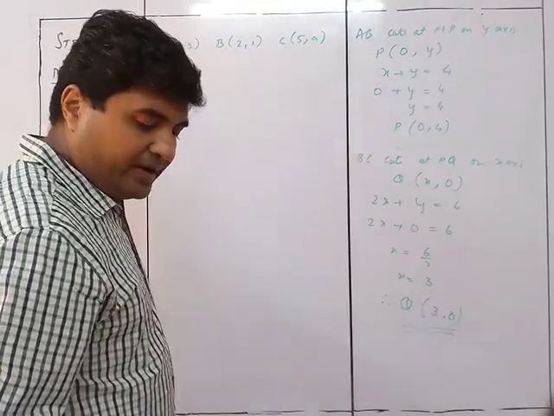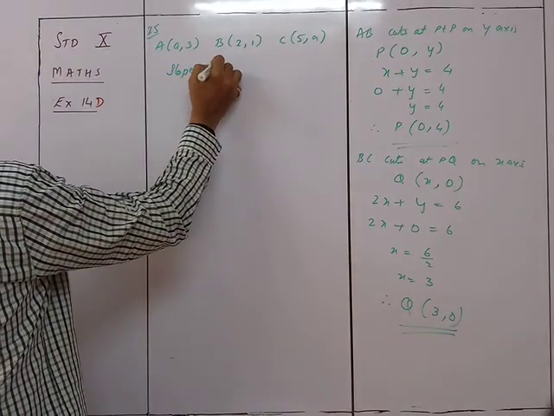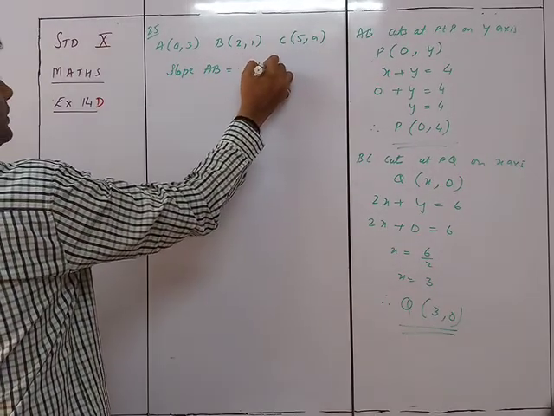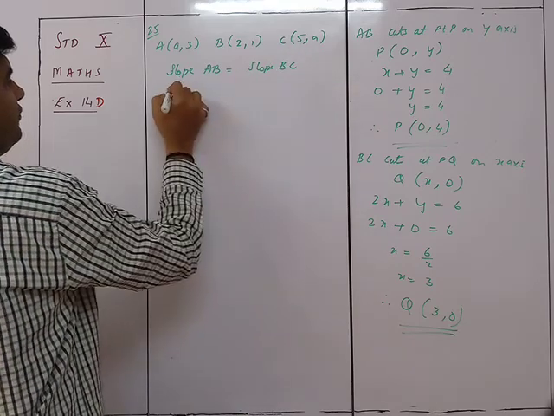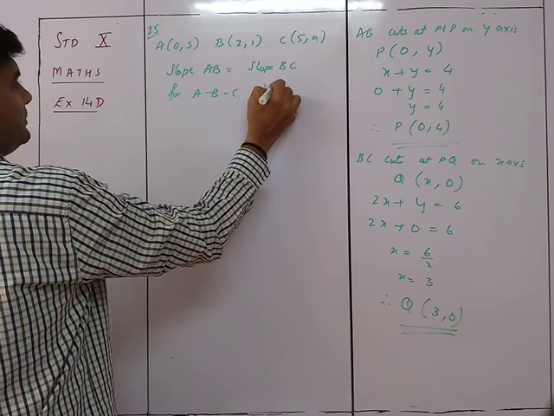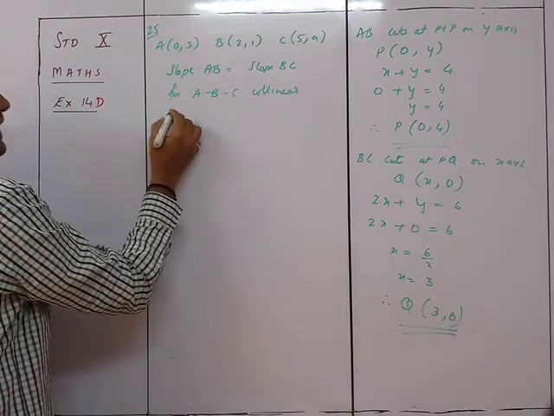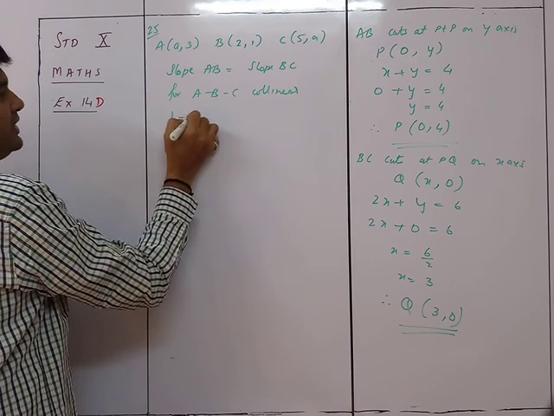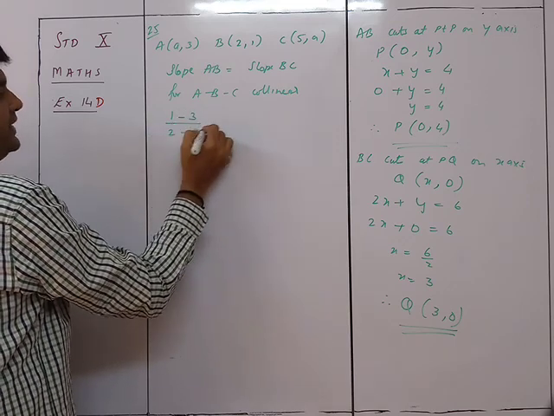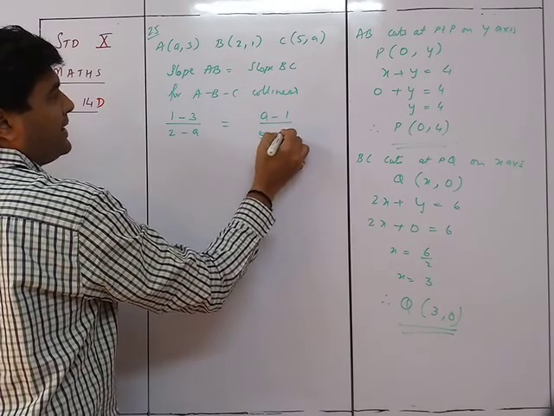For A, B, C to be collinear, we need slope AB equal to slope BC. So we have slope AB as 1 minus 3 upon 2 minus a is equal to a minus 1 upon 5 minus 2.